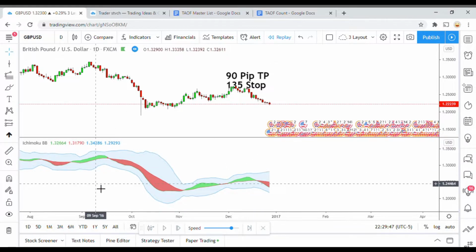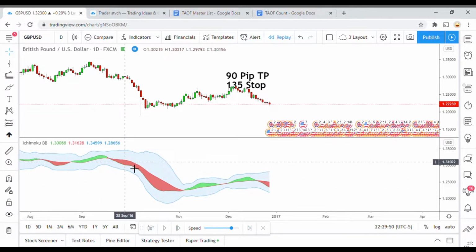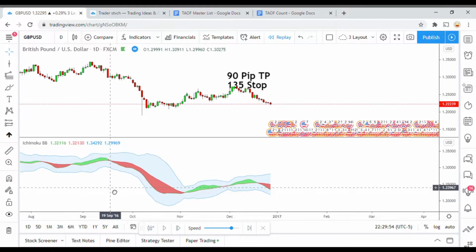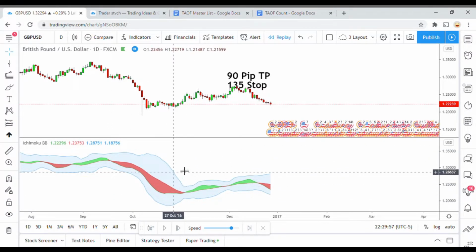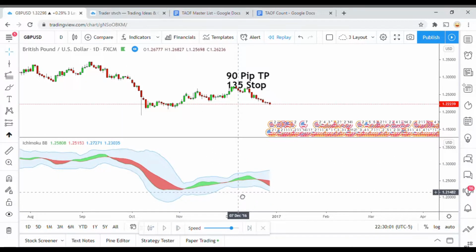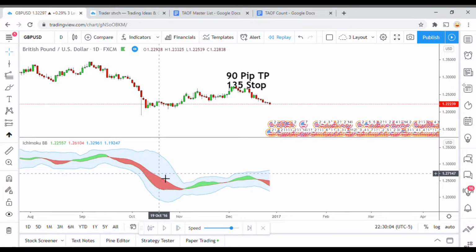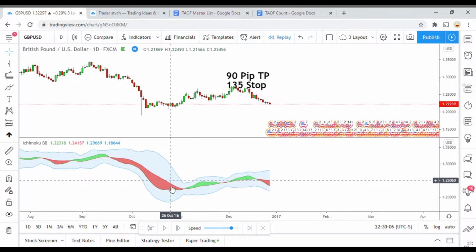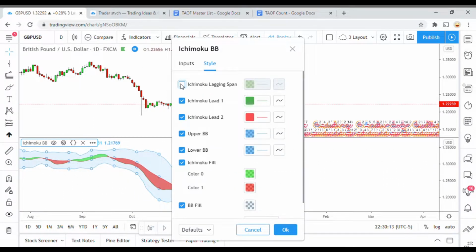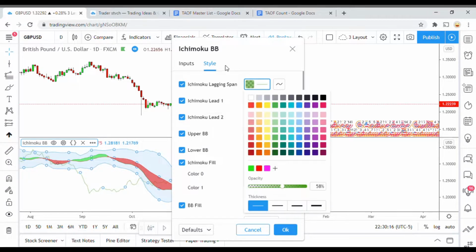I could be wrong, I haven't really looked at the code, but I believe that's what's happening, and as it does that, it's painting this red and green. Like I said, the creator didn't really reference the upper and lower Bollinger Band itself. Technically you could use that as an indication of strength or volatility in the market. But what I thought was interesting is that they did reference the lagging span.